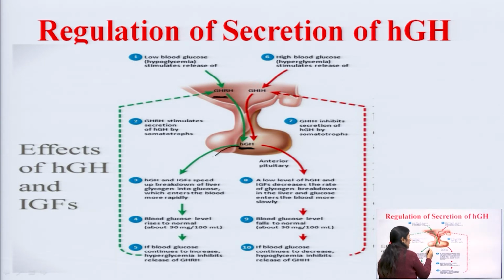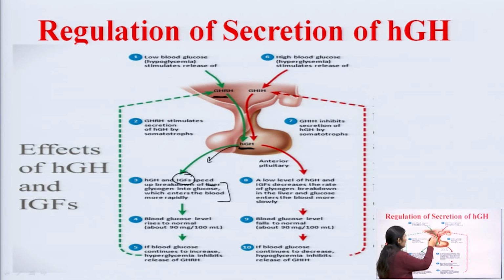This human growth hormone is released into the blood, and from the blood it goes to the target sites, that is the liver, the skeletal muscles and different target cells, where they will form IGF, insulin-like growth factor. This insulin-like growth factor will produce its action.